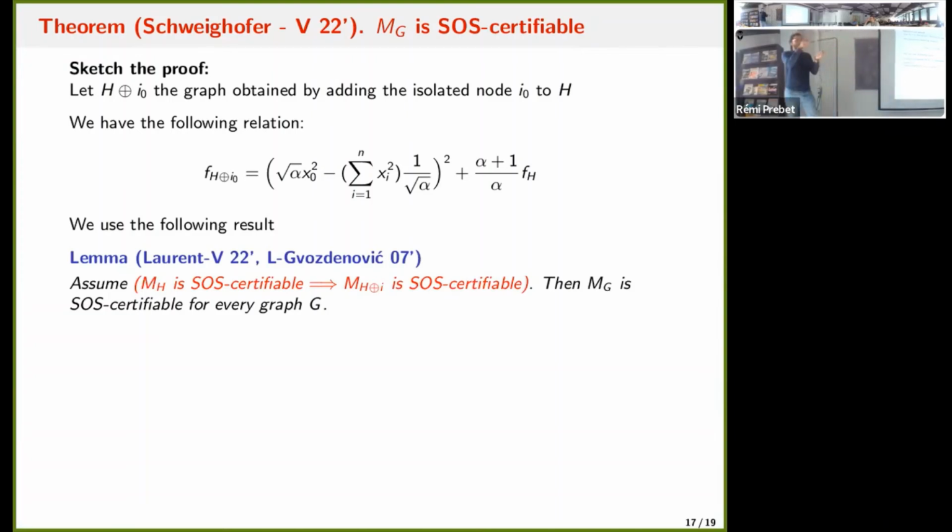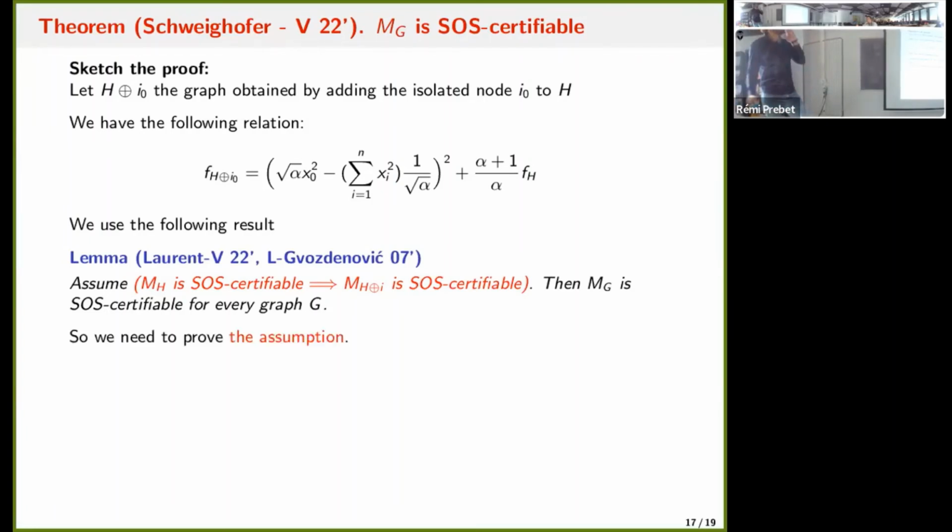Somehow, if we know that when adding one isolated node the SOS certifiability is preserved, then we have the result. But then we need to prove the assumption.